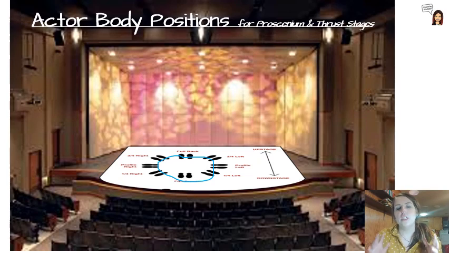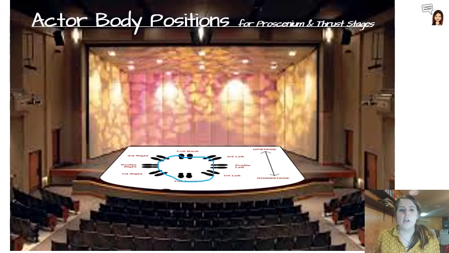Your body position is so important on stage because you want to make sure that the light is hitting you at the appropriate mark. You want to make sure that the audience can see you and see whatever it is that you're supposed to be doing. And so the way that an actor is on stage is just crucial to making sure that they are seen and also heard.